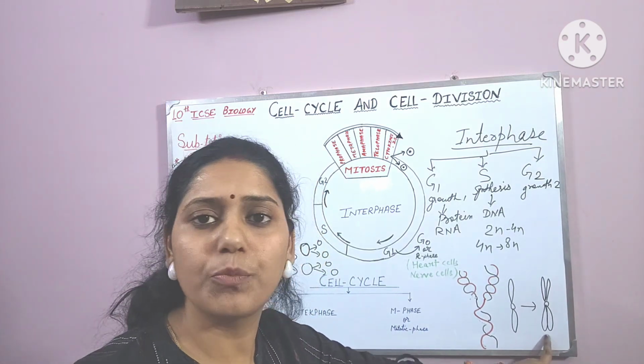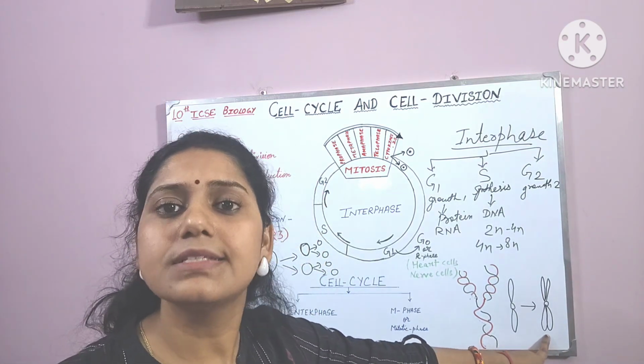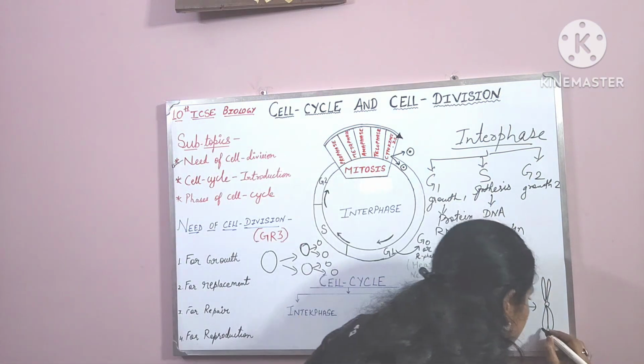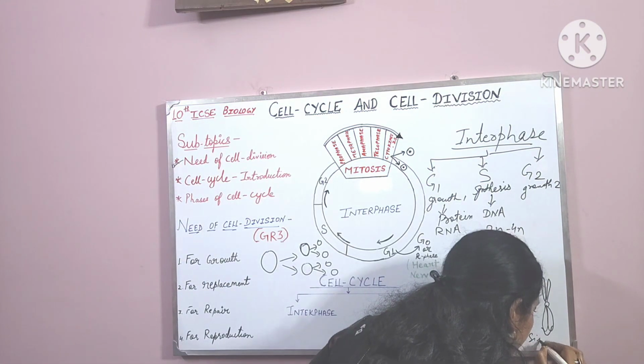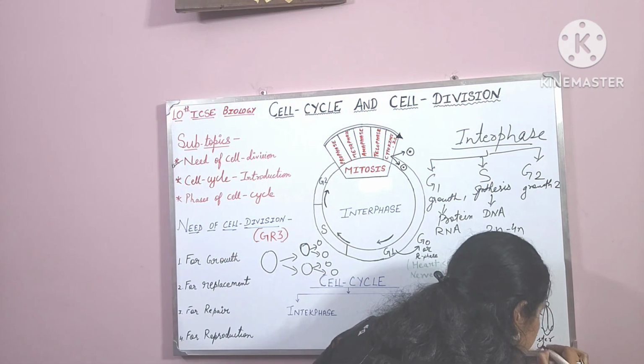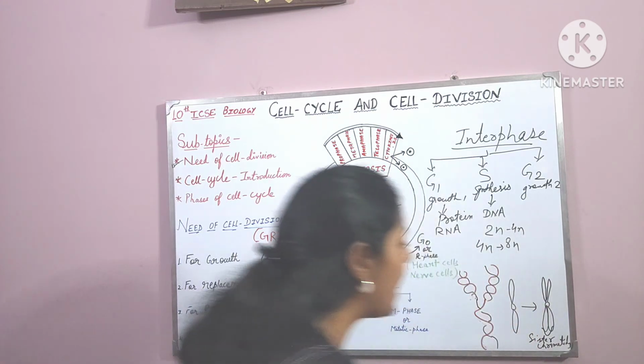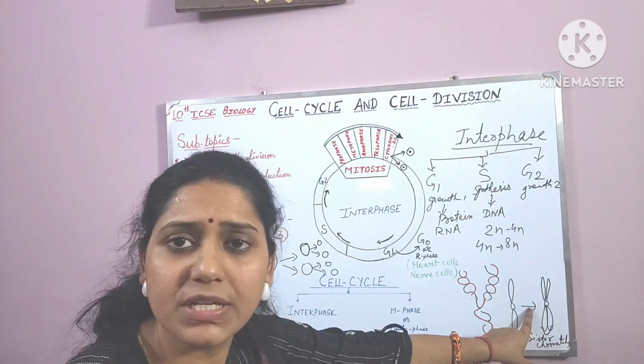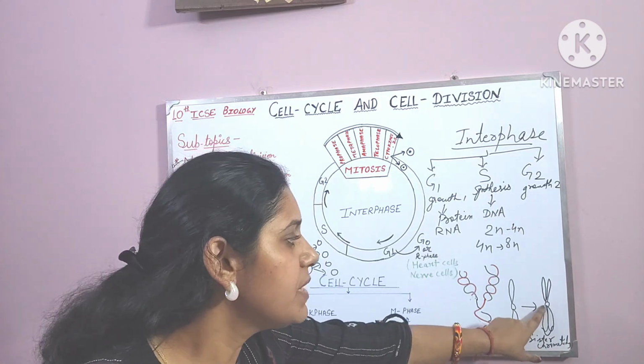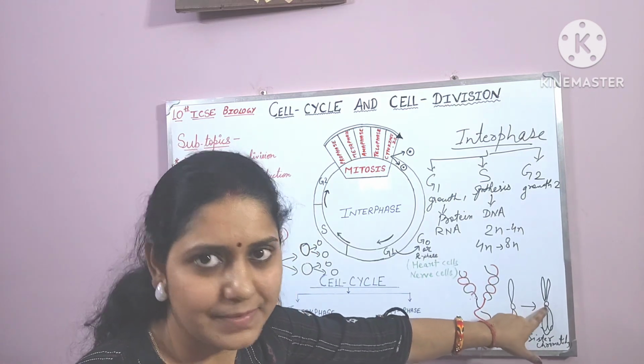And these 2 chromatids are known as sister chromatids. And these 2 sister chromatids are not separate. They will be joined at one place.